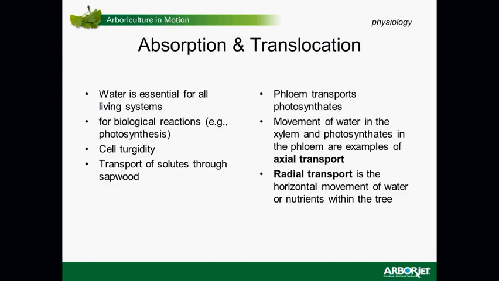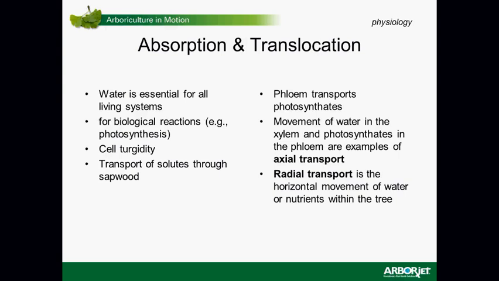So we'll talk a little bit about absorption and translocation. Water is essential for all living organisms, for biological reactions, especially for photosynthesis. That's why I showed you the formula CO2 plus H2O. It's very critical for photosynthesis to go forward. It's also important to keep the plant upright and turgid, and water dissolves solutes.